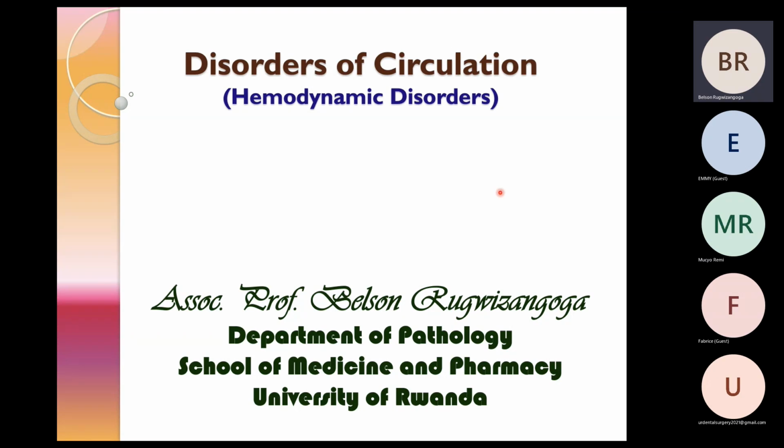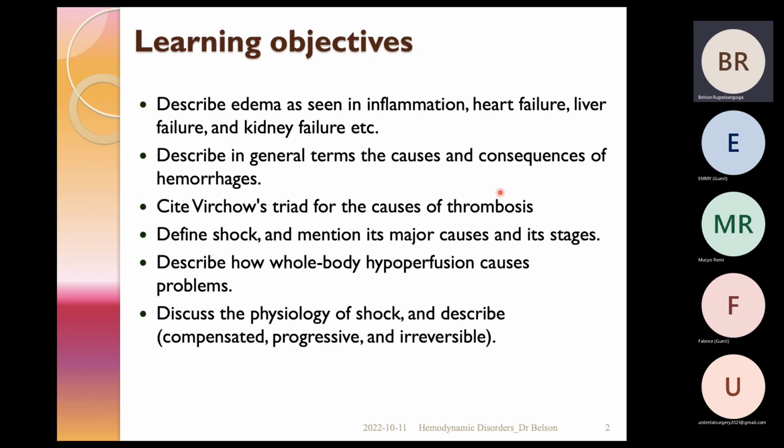So this afternoon we shall cover this chapter on disorders of circulation, or hemodynamic disorders. The learning objectives here will describe features such as edema, heart failure, liver failure, kidney failure.